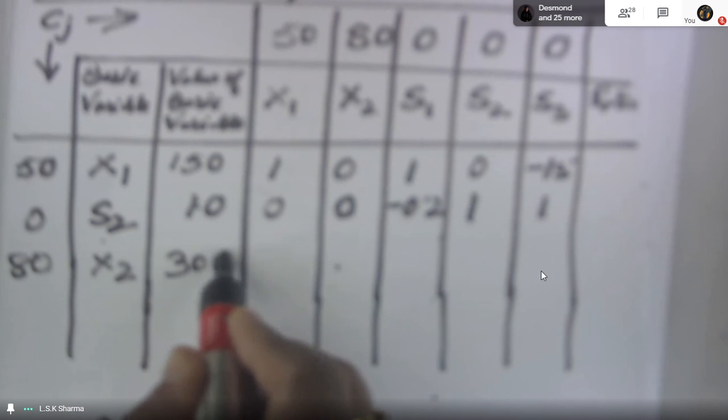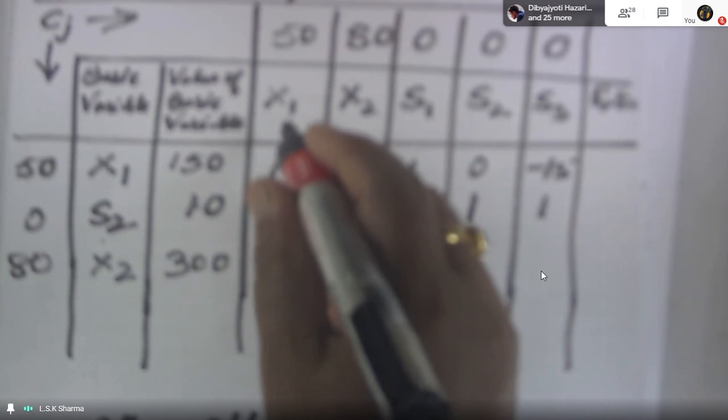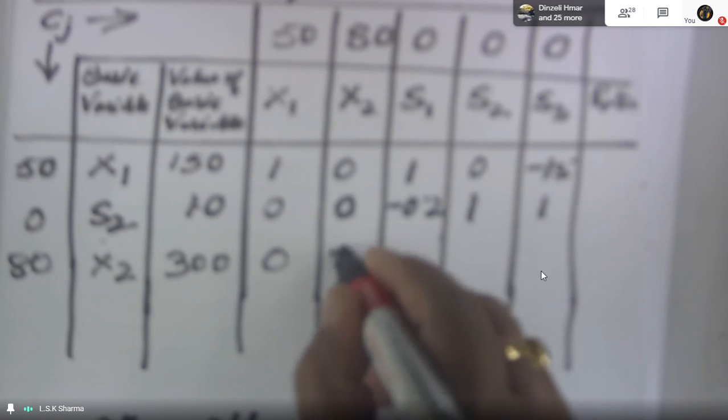So as I've said earlier, you don't have to change anything. So it will remain as it is. That is 80, x2, 300, 0, sorry, 300, 0, and this is 1, and 0, 0, 10.